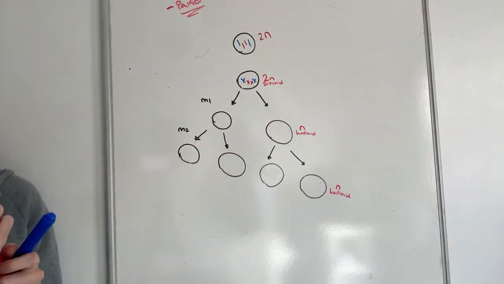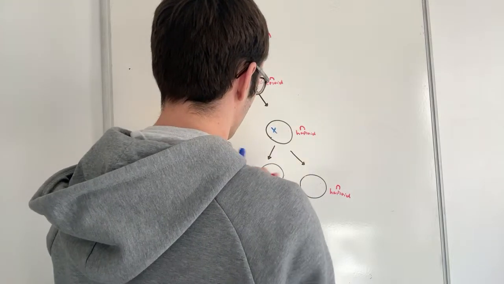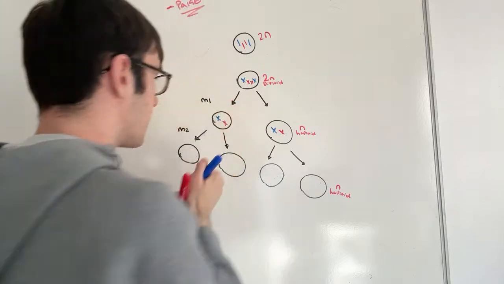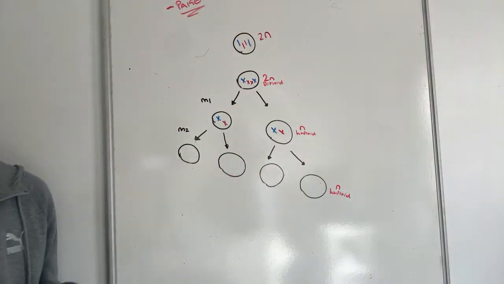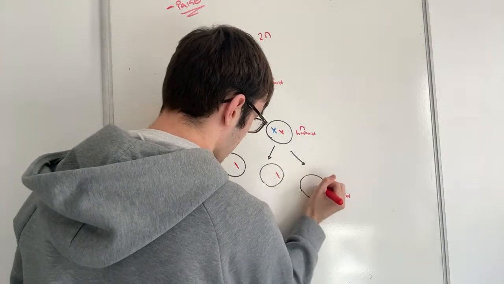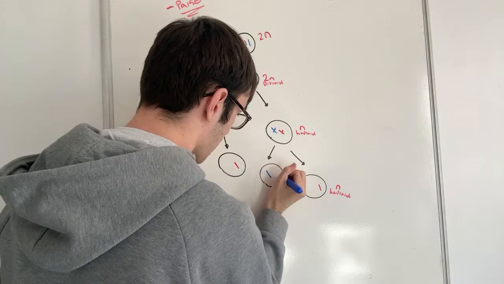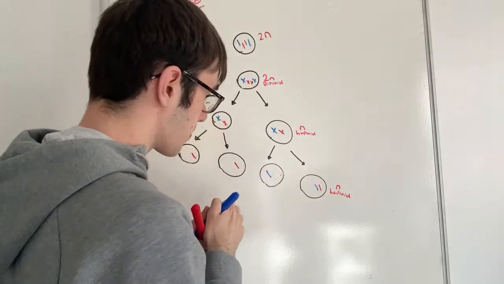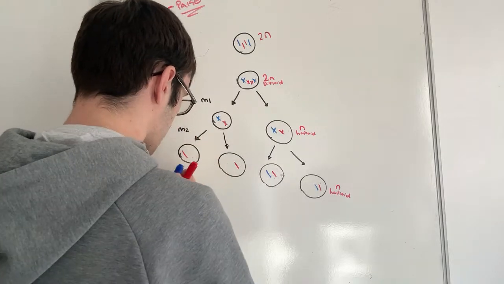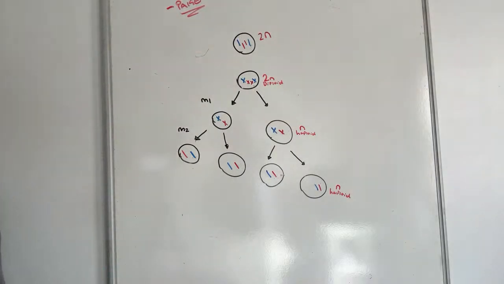Then in meiosis 1, each one is only getting half the number. Then in meiosis 2, they are still getting the exact same number of cells. I think that is correct.